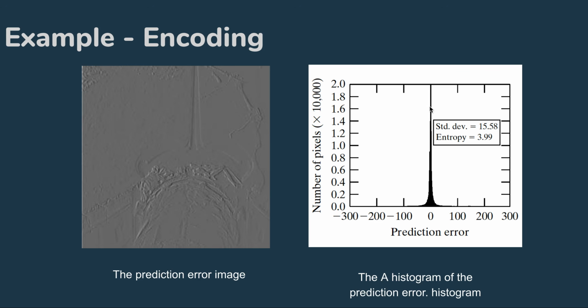Then if you look at this histogram, you can see that the standard deviation is lower than the original signal or the original image, and entropy is also lower, because in this case the number of pixels with value around 0 is around 20,000.